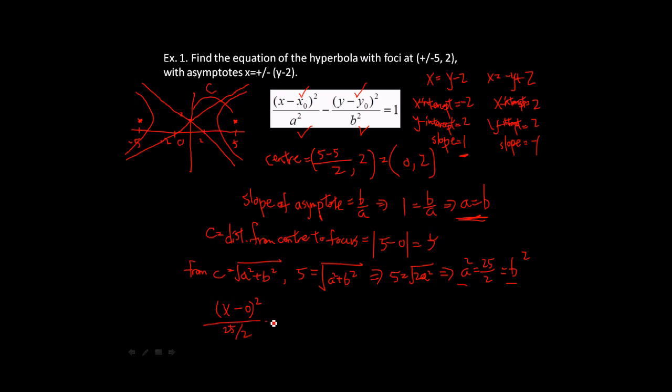And minus y minus the y coordinate of the center, which is 2, squared over b squared, and b squared is again 25 over 2, and equals to 1. Alright? So this is the equation of the required hyperbola.